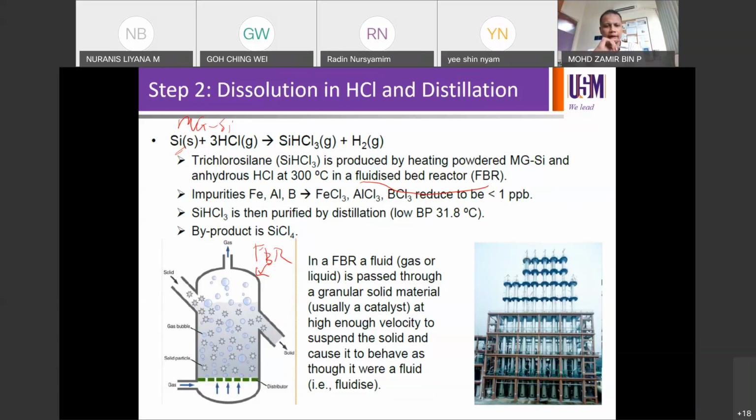Impurities like iron, aluminum, boron will be reduced to less than 1 ppb, and then the byproduct is going to be SiCl4, and then we're going to produce trichlorosilane, which is then purified by distillation process. So you can see the whole thing here. It's actually a huge plant for you to fabricate silicon.